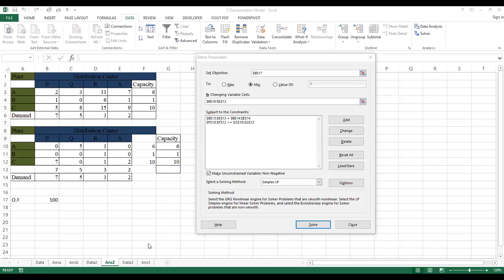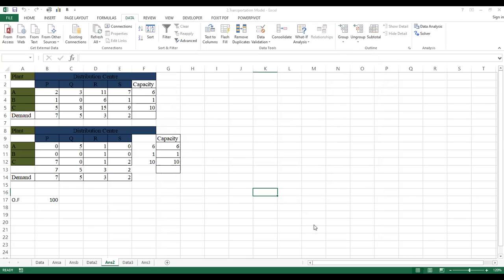So what is the distribution network from here? Plant and DC, and how many units you are sending. A goes to Q and R: 5 to Q, 1 to R. Then B goes only to R, only one place.